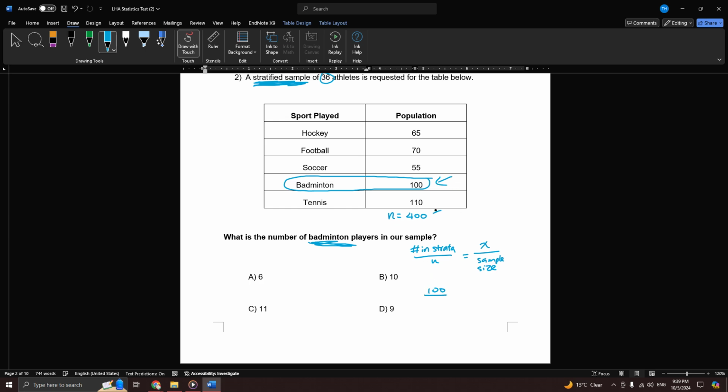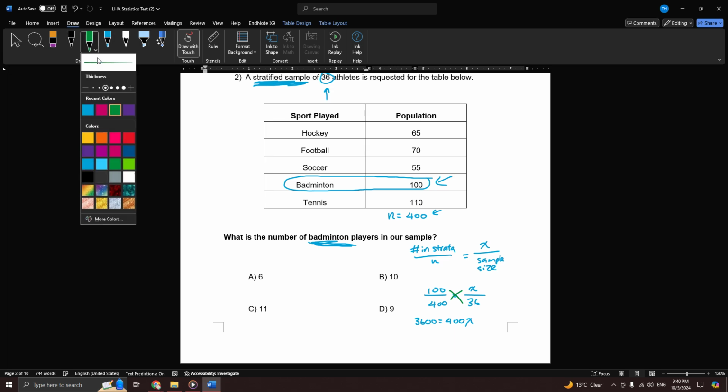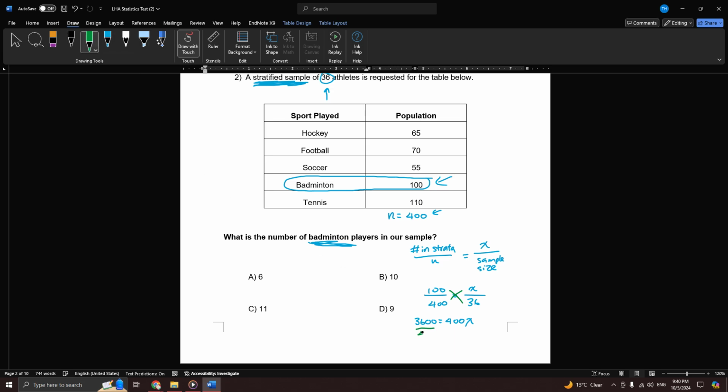N, we've calculated it, it's 400. Here I've got x. Underneath, I've got my sample size, that's 36. So now we can cross multiply. We get 3600 is equal to 400x. But I just want to know what x is. So I'm going to divide both sides by 400 here.